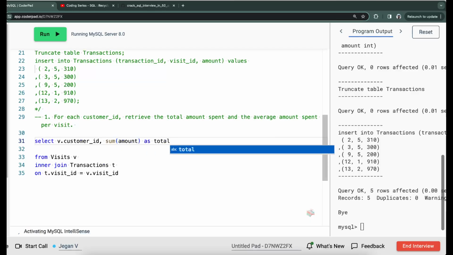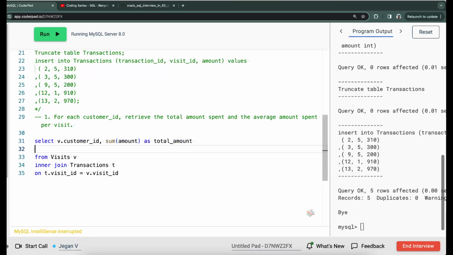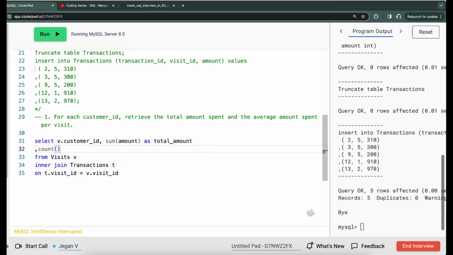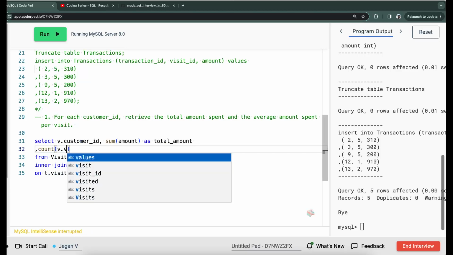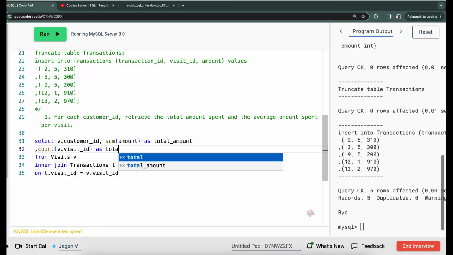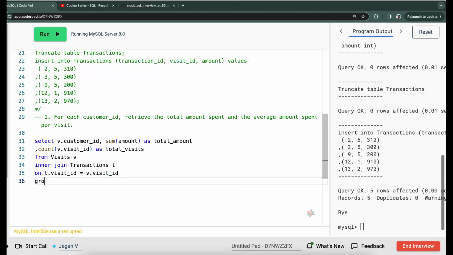Then we also find how many visits they made: count of v.visit_id as total visits. Since we use aggregation, we go for group by customer ID, which is in the first position.